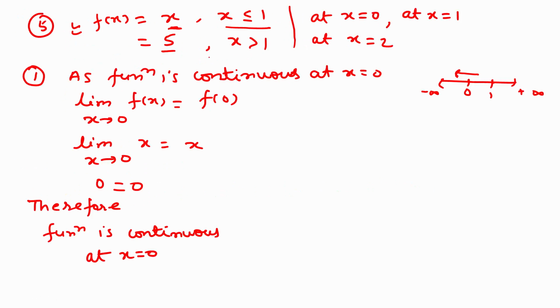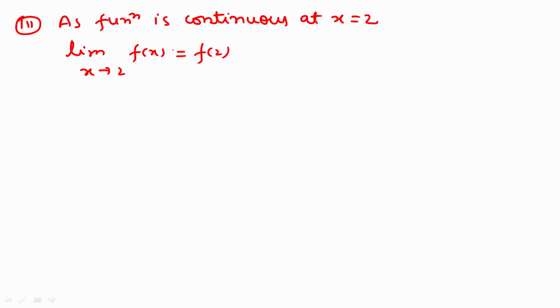You can see that 2 lies after 1, and 2 is always greater than 1, and for greater than 1 we take this function. So limit x tending to 2 of 5 is 5, and f of 2 is 5.